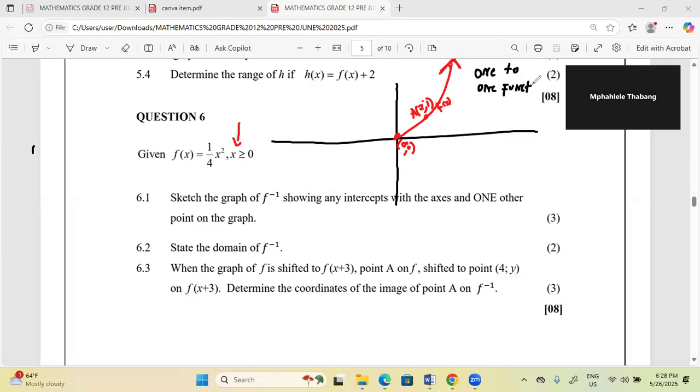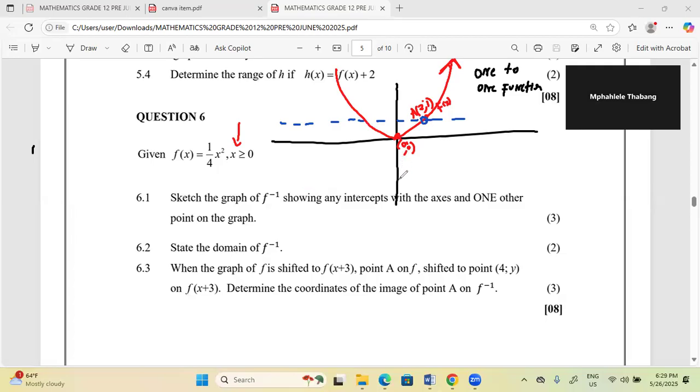Now it's a one-to-one function, because if we draw a horizontal line test, we see that a horizontal line always touches the graph only at one point. So if we restrict the function f of x, in this case, with the property that x should be greater than 0, the function becomes a one-to-one function. But if the graph is not restricted, it has got this other part. If it's not restricted, it's a one-to-many function.